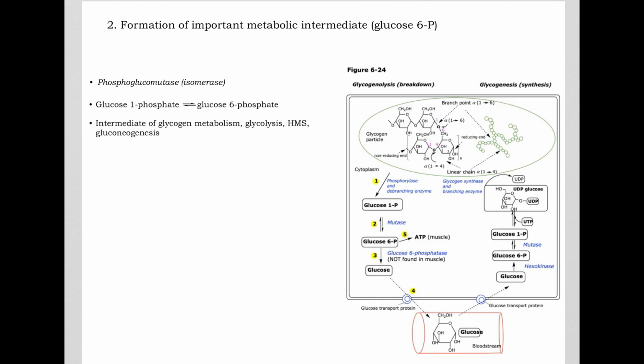In the next step, the glucose 1-phosphate is isomerized to glucose 6-phosphate, and that is carried out by the isomerase phosphoglucomutase. Now glucose 6-phosphate is a very important intermediate not only for glycogen metabolism. We saw this intermediate in glycolysis, we saw this intermediate in the hexose monophosphate shunt, and we will see that this intermediate is also formed in gluconeogenesis.